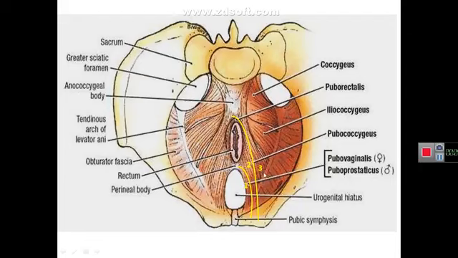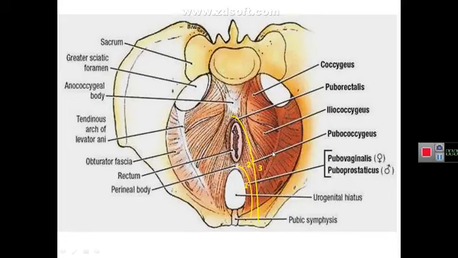It is inserted into the anococcygeal raphe, which is fibrous tissue extending between the tip of the coccyx and the anus. This insertion of pubococcygeus proper is the same as the insertion of iliococcygeus, the posterior part of levator ani, originating from the posterior half of the wide tendinous arch of obturator fascia.